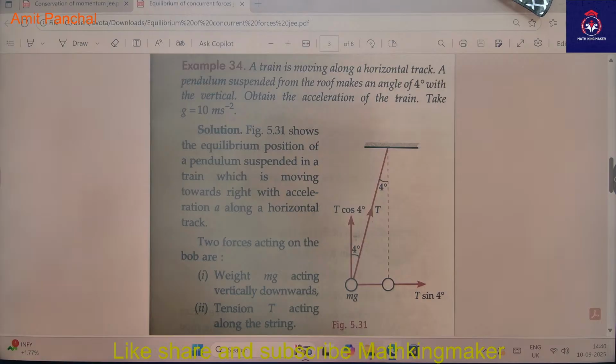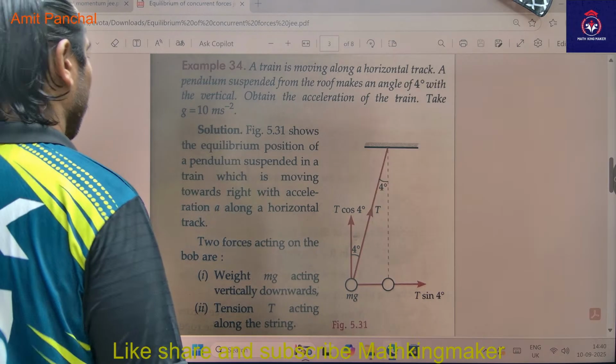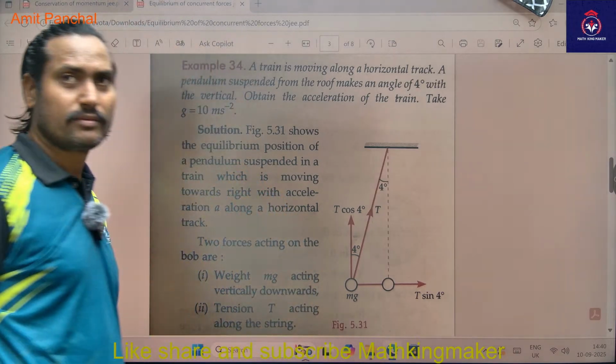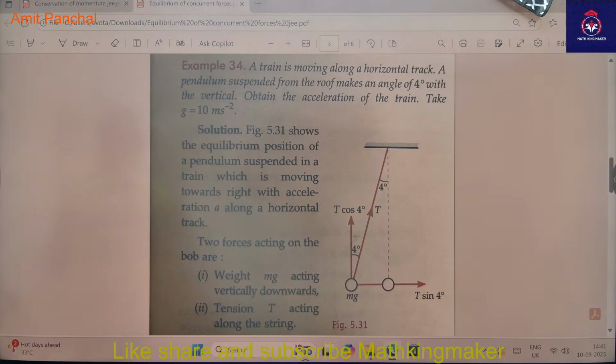Can you explain this question? It is very simple. I have some idea like the T sine 4 is acting in the direction of the movement of the train, so T sine 4 will be MA. Why would it be MA?